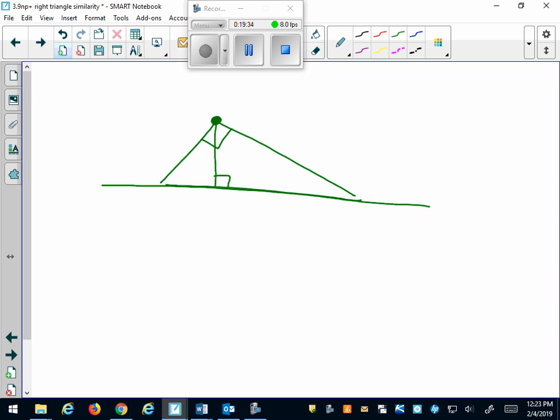When you drop that altitude down, you split this hypotenuse into 2 smaller parts. So now we really have 3 segments that we can talk about in that hypotenuse. This segment, and then the whole thing, right? So you could have the whole hypotenuse, the longer section, or the shorter section. There's three segments you can talk about there, okay?